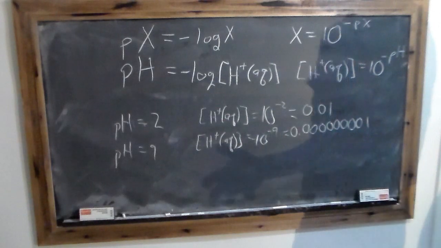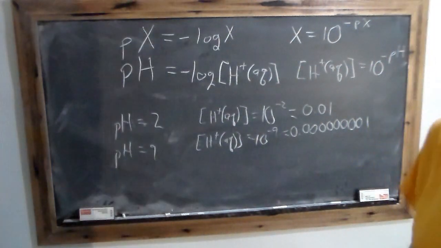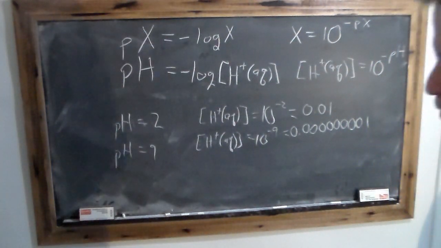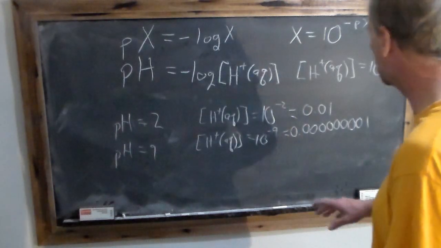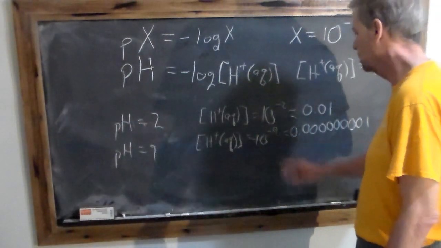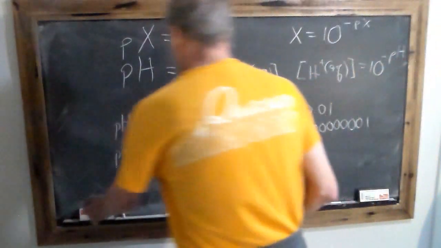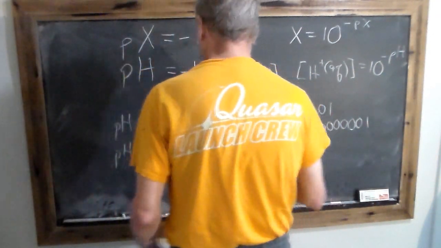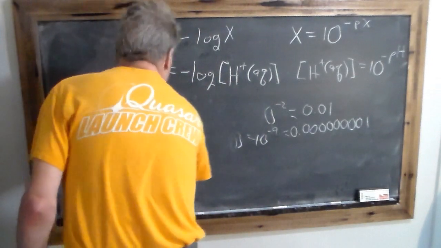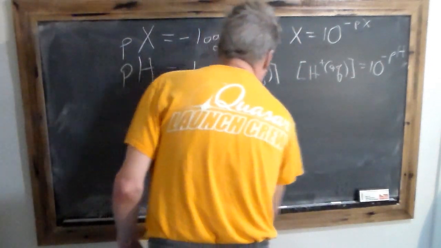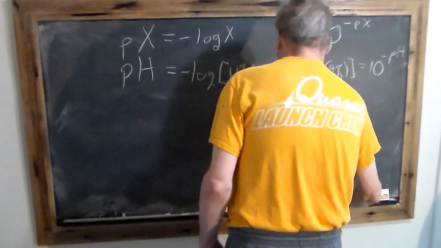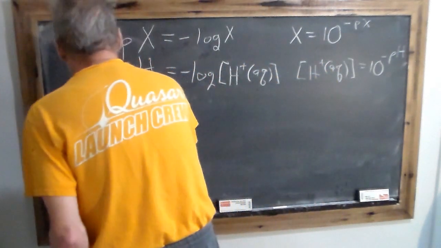When you're working with scientific notation, you have to remember to consider the power first, as opposed to the actual number. I'll give you an example. Here's a common mistake. Let's do it the other way.